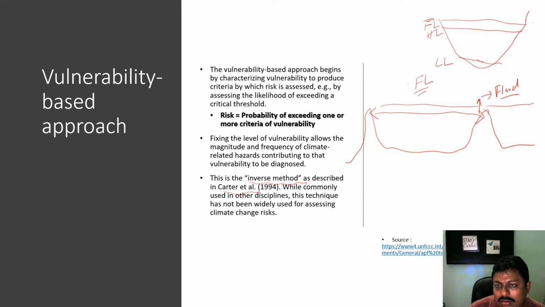If the water level drops below the low level of a reservoir, then it becomes a drought-like situation, which is also an extreme event. Or if it crosses the flood level, then it will create a flood. So that can also be caused by an extreme event and can create a hazard.